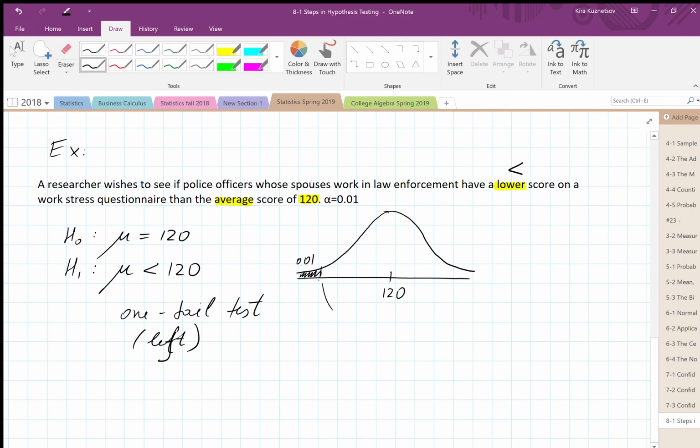In order to find this critical number, you'll type in inverse norm of 0.01. And you'll be able to find the place where the critical region is cut off from the non-critical region. So I have a couple more vocabulary words: one-tail test, right-tail test, left-tail test, and two-tail test.